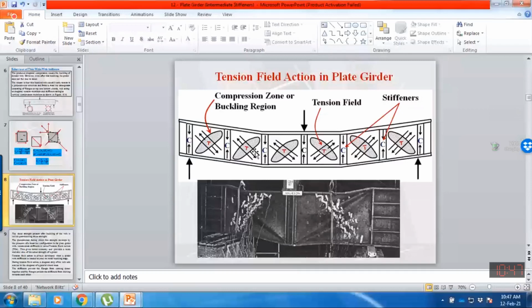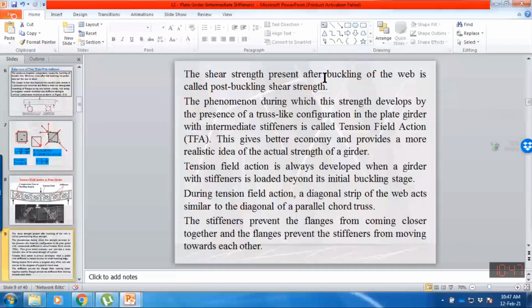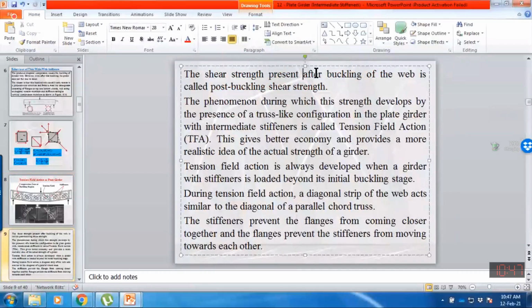So this is the shear strength present after buckling, which is also referred to as the post-buckling strength. This strength will only be available after buckling. When the web does not buckle, tension field action will not develop.